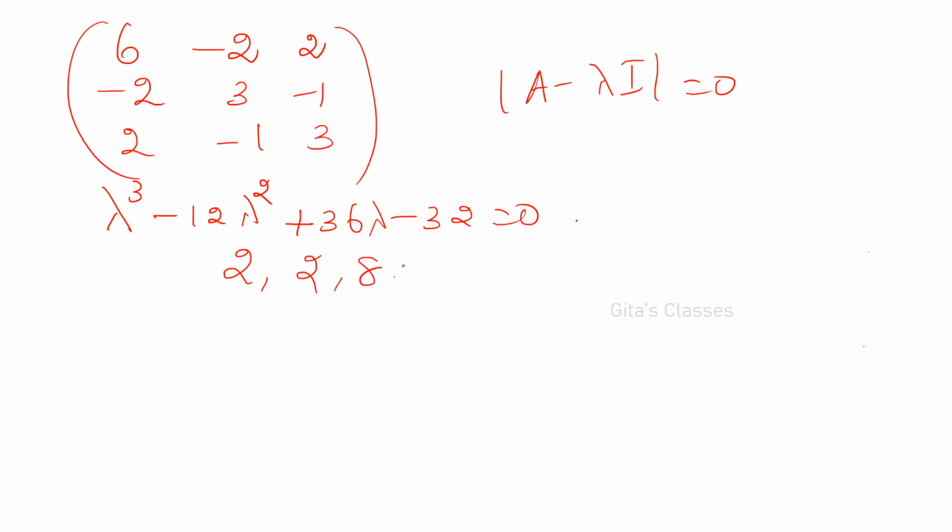But now for 8 you will be able to find one eigenvector. For lambda equal to 8, the eigenvector as usual you can find: X equal to 2, minus 1, 1. This is the eigenvector corresponding to 8. Now for lambda equal to 2, this is applicable when the root is repeated.